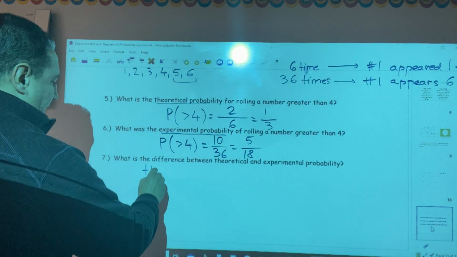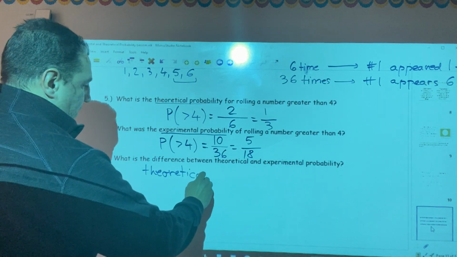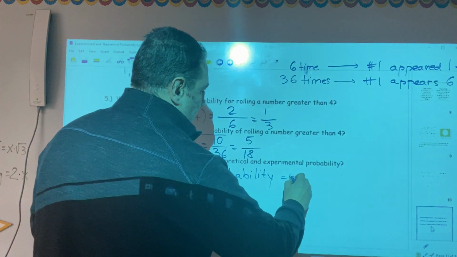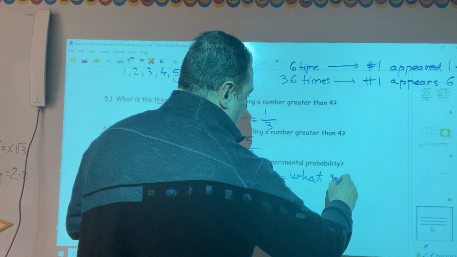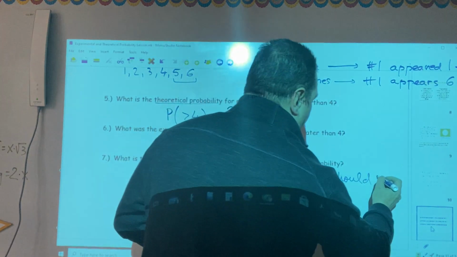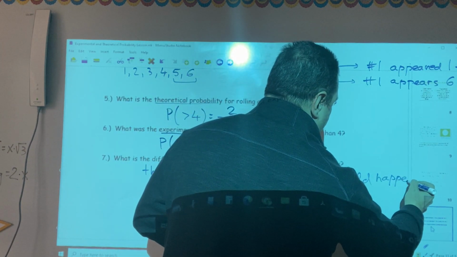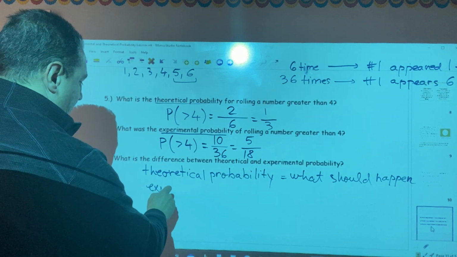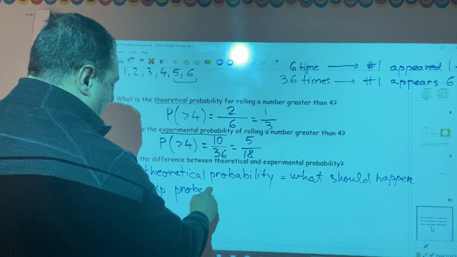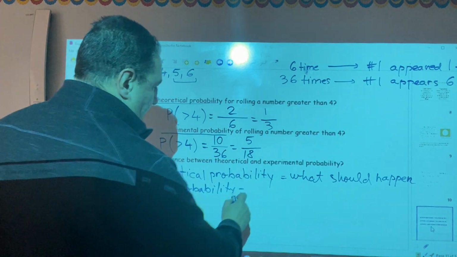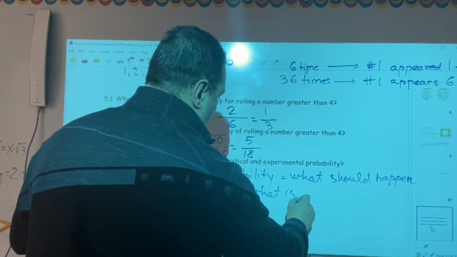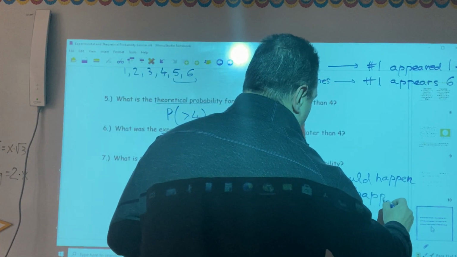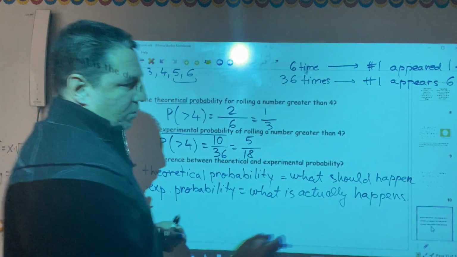Theoretical probability equals what should happen, and experimental probability is what is actually happening. Yeah?